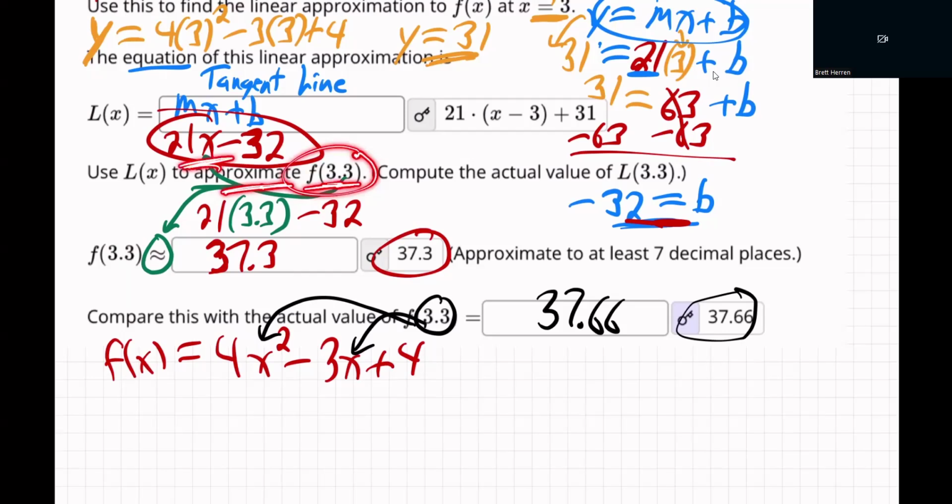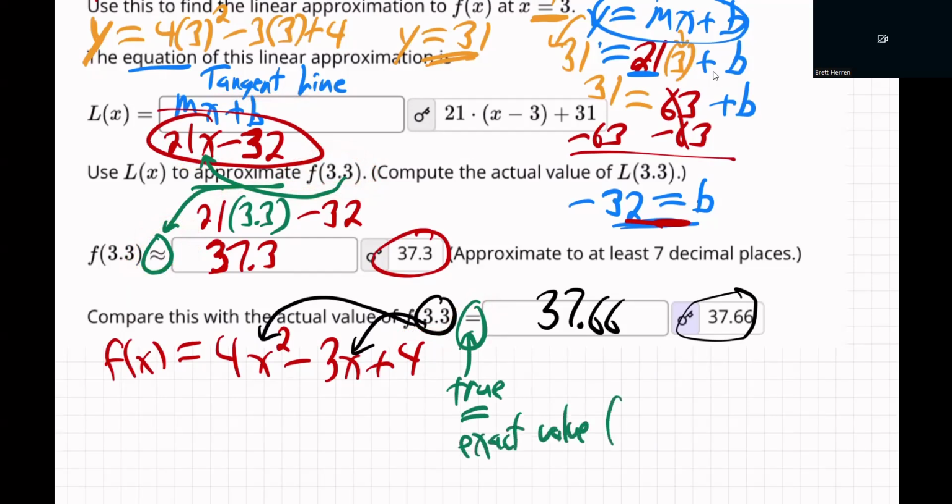I plug it into the tangent line, because that's the approximation, the shaky equals. But when they say actual f of 3.3 with the true equals, this means exact value, not approximation. Then I plug into the original function.